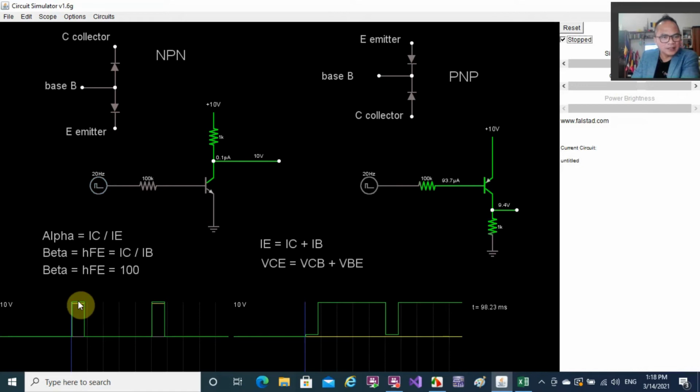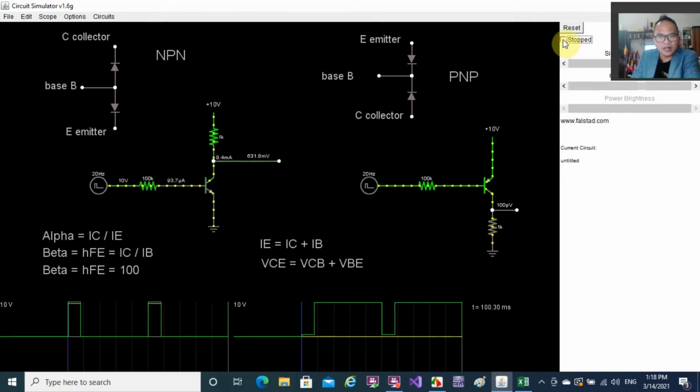Turn on the signal 10 volts, and then after that it goes to 0, off condition. So 1, 0, on, off. And our output is about 600 millivolts when this one is on, and this one is off.